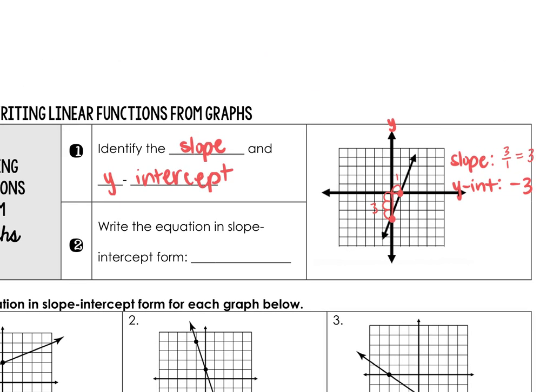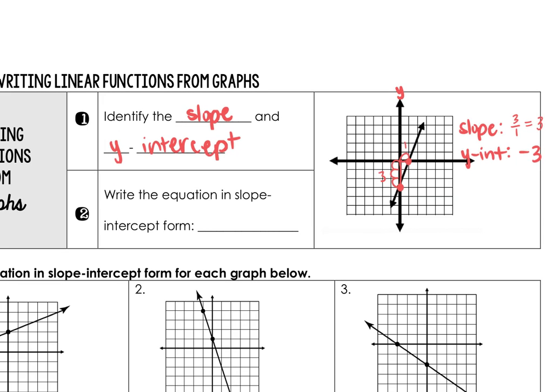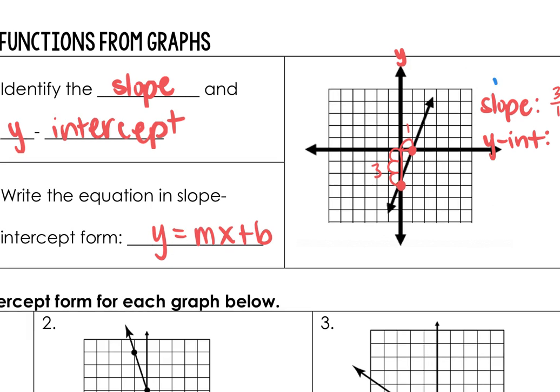Once you've identified the slope and the y-intercept, then step number 2, you can write the equation in slope-intercept form. And remember, slope-intercept form is y equals m times x plus b, where this m value is the what? Yep, this m value is the slope, right? So that's your m.